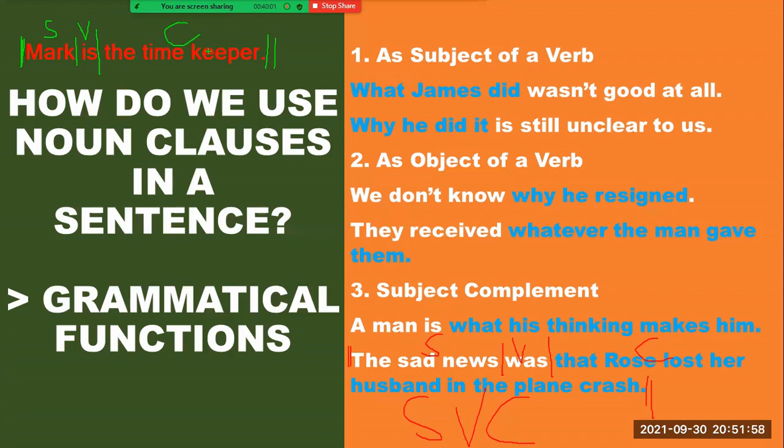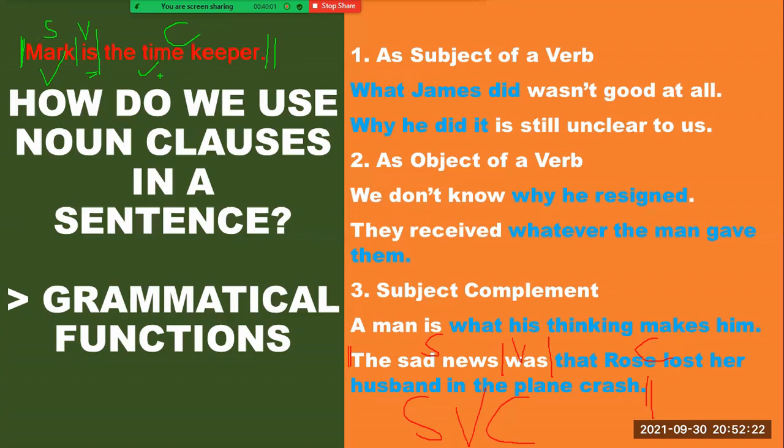Now, what we are saying is that Mark equals the timekeeper, and the timekeeper equals Mark. Well, if we have to use expressions in that mathematical manner. Now, Mark is the timekeeper.